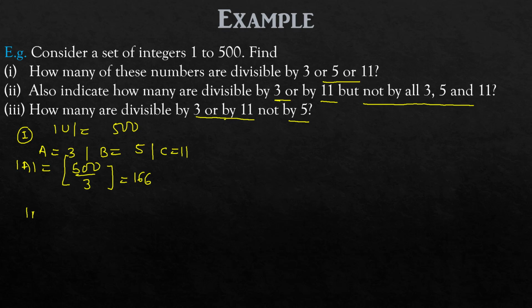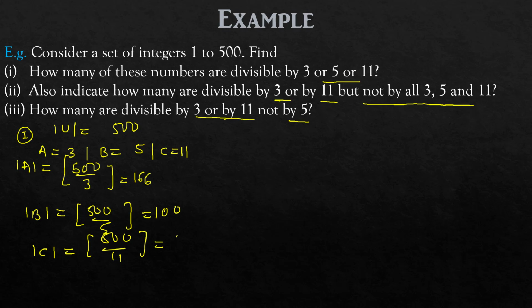Now number of B is equal to, B is the set which is divisible by 5. So we get 500 divided by 5 is equal to 100. Now third one, that is C, which is divisible by 11. So 500 divided by 11, we get 45.